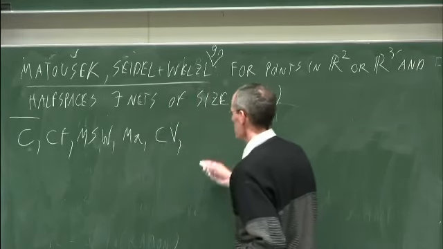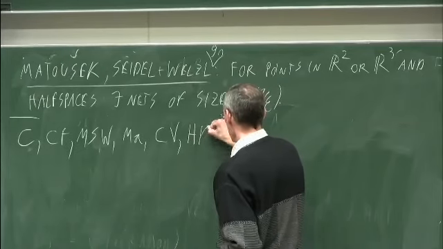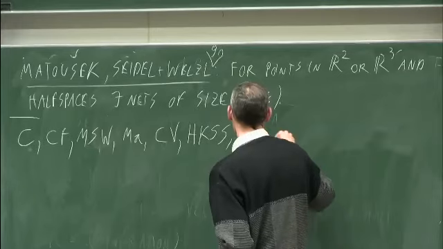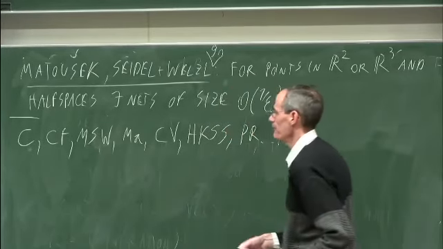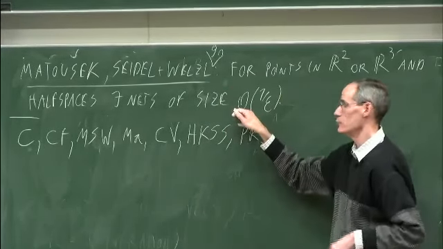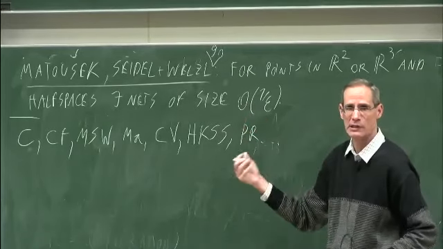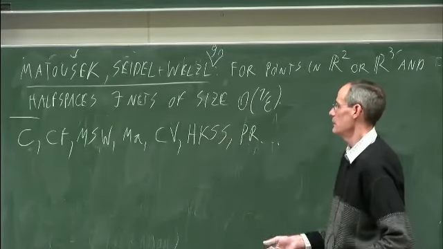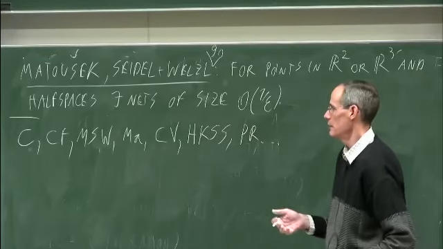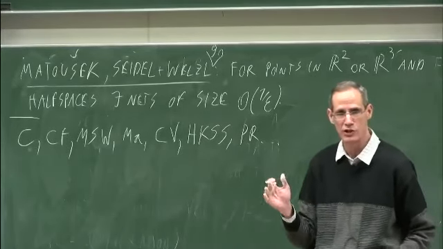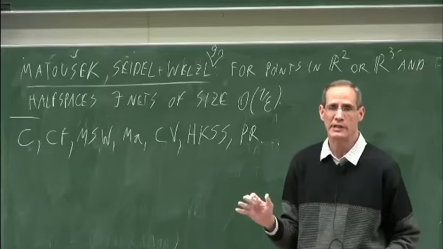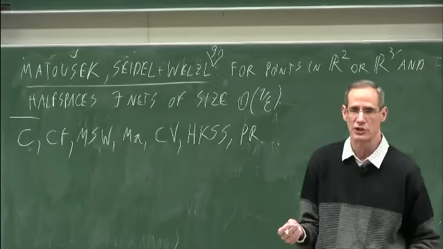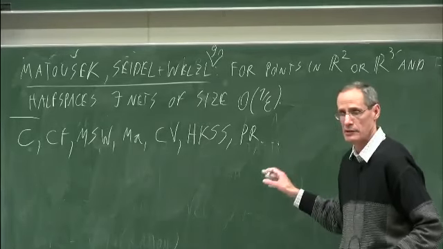Then more recently there was something by Clarkson and Varadarajan. Well, I'm just putting letters here. By Har-Peled, Kaplan, Sharir, and Smorodinsky, and then Pyrga and Ray, etc. So they all give some geometric examples where the log of 1 over epsilon is not needed, and in many of these papers they end by saying that the prevailing conjecture is that in all natural geometric situations in low dimension, so low VC dimension, there are linear epsilon-nets.